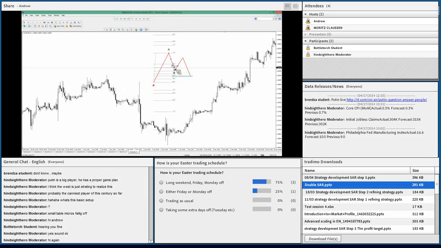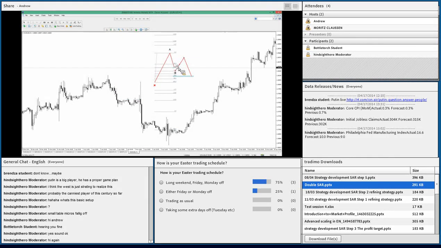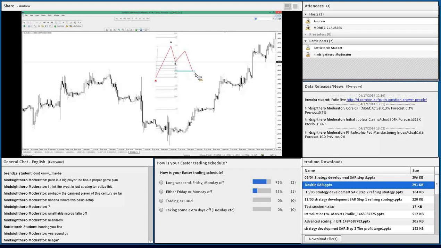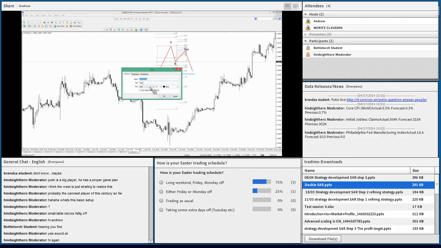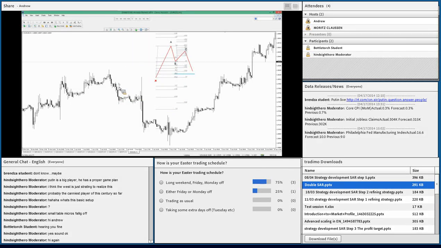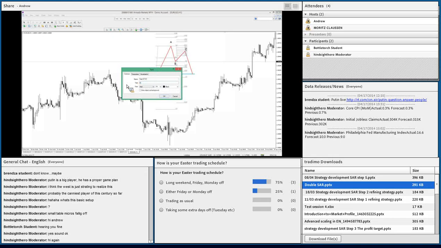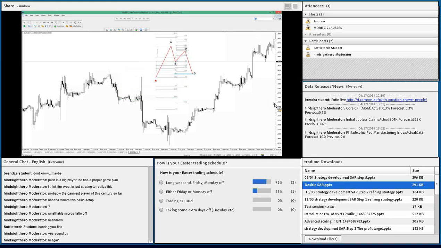So we've got the Gartley here. So A, B, price retraces to C up here, and then the completion zone is down here at the 886, which is point D. So pretty straightforward.